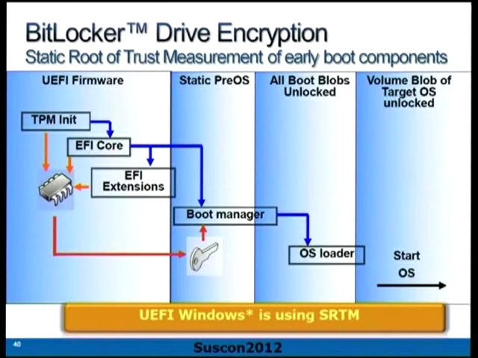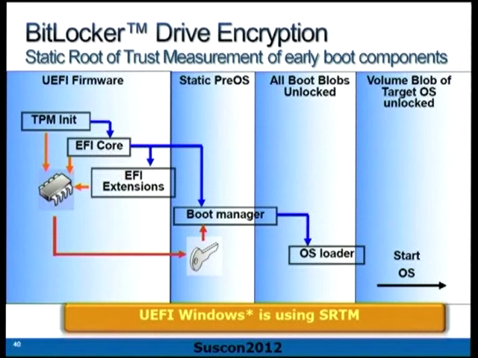So there's a feature, as I mentioned before, talking about secure encrypted hard drives, that at least Windows is implementing today. That feature is not yet in any Linux distributions as far as I'm aware of. So for BitLocker, which is the name of their secure encrypted hard drive encryption, you can see what it's using as far as the TPM and measuring basically the image off of the UEFI firmware, and making sure that that is measured and trusted before they transfer control to their OS boot manager and then start their OS load.